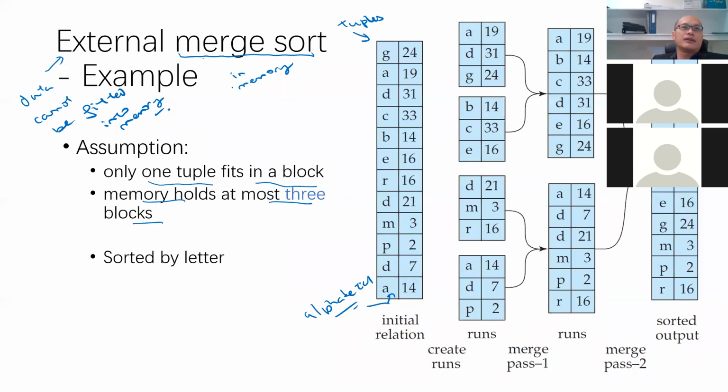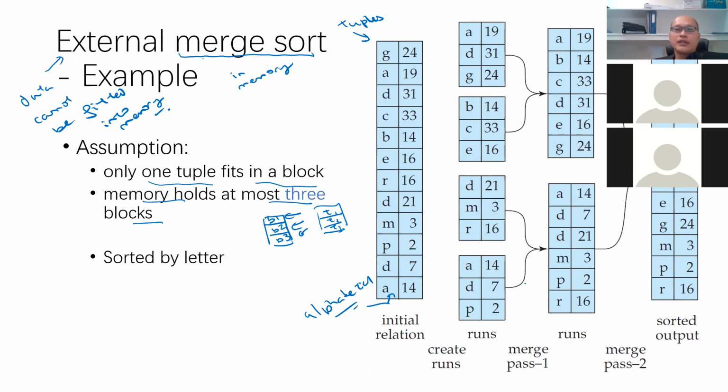So it means that at any point of time, my memory can only hold block 1, block 2, block 3, and one tuple only fits into 1 block. So at any point of time, I only have 1 tuple, 2 tuples, 3 tuples in my memory. Okay, so far.